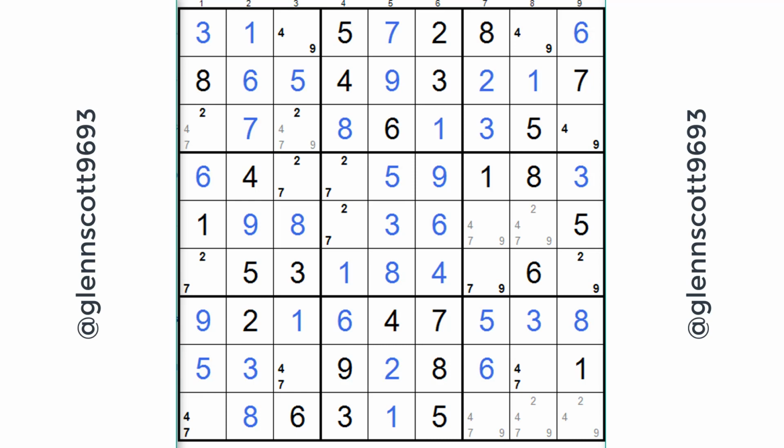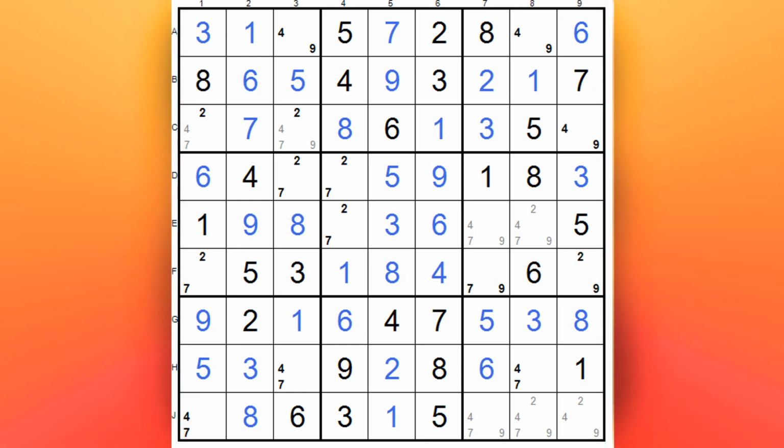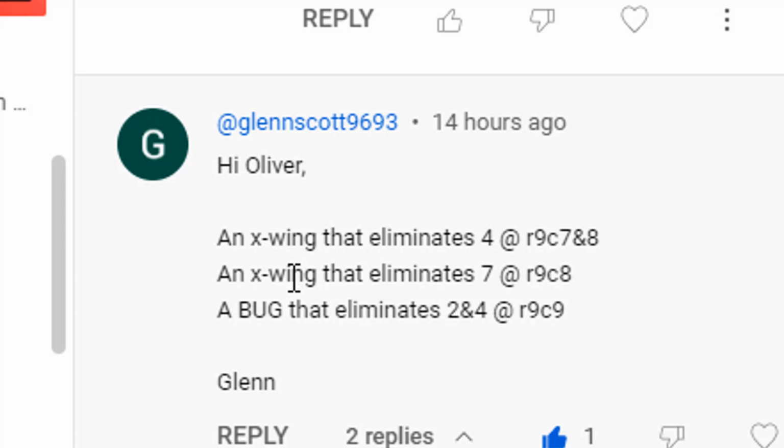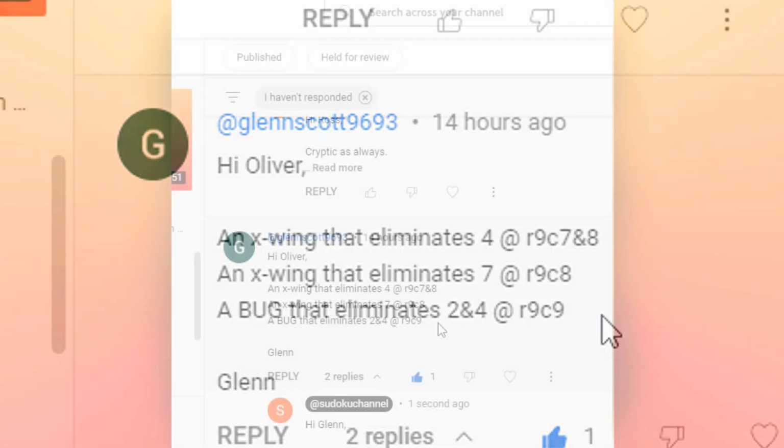It is called a BUG, which is a bi-value or binary universal grave. I think it's a nice, neat solution. So we're going to use his, and let me see if I can just pull up his solution. Right, here it is here. He says an X-wing to eliminate 2 4s, then an X-wing to eliminate a 7, and then a BUG. Okay, well, we'll see if we can do that.